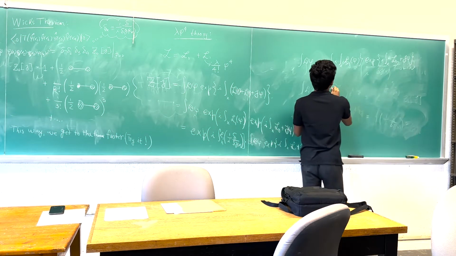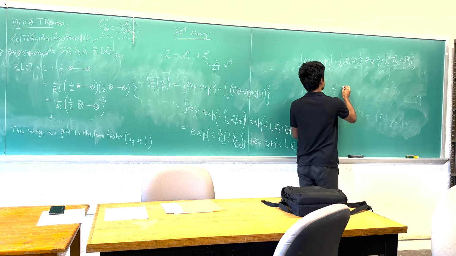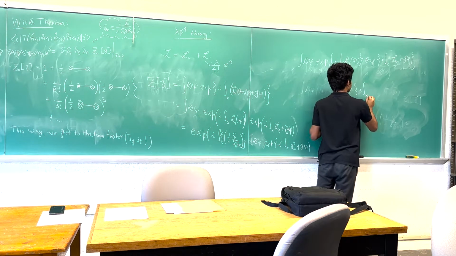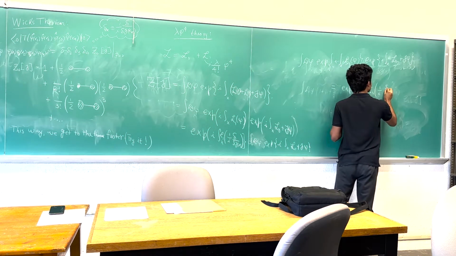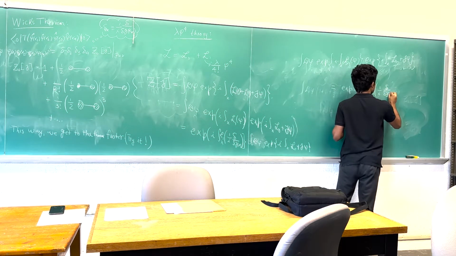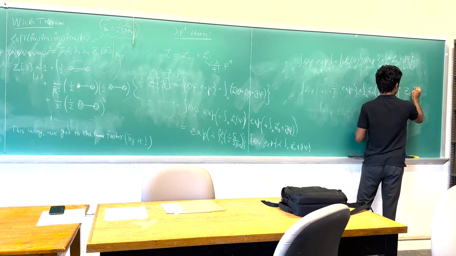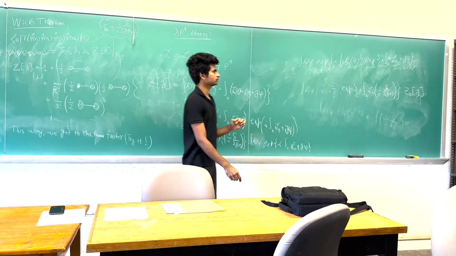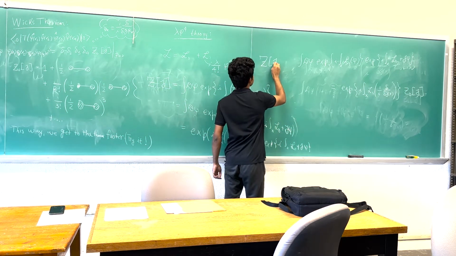This is again a function of phi, which I take outside: exponential phi, integral dx L1 of 1 over I. And this was ZG.